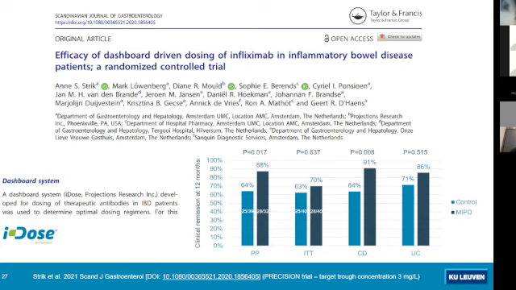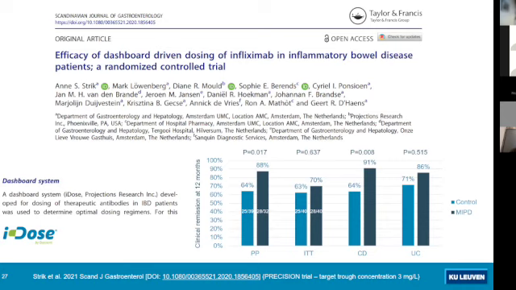And actually, the benefits of model-informed precision dosing of infliximab have already been shown in a clinical trial, the Precision trial in Amsterdam. That's what we see here. So you can see that patients on MIPD, after 1 year of follow-up, have better clinical remission rates as compared to patients that did not have those optimizations.